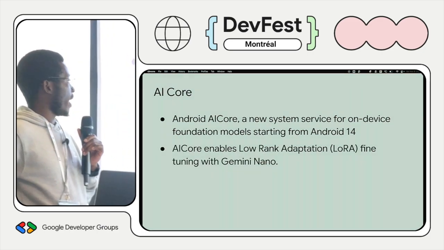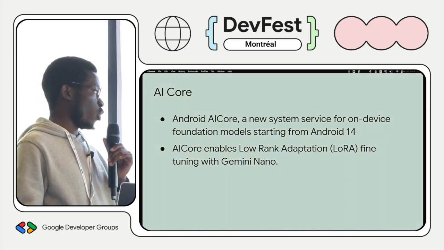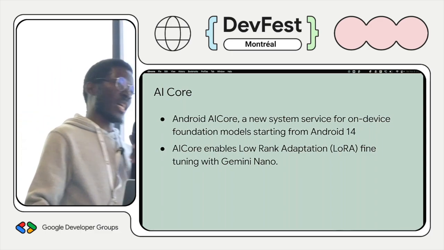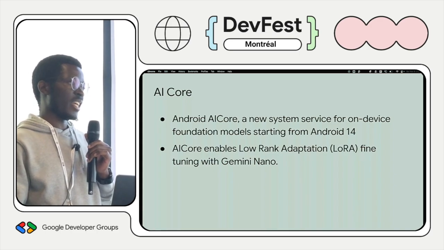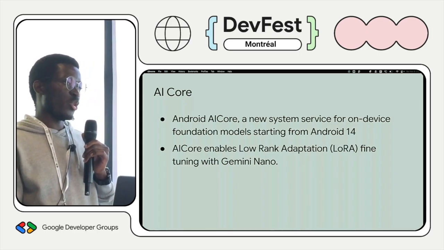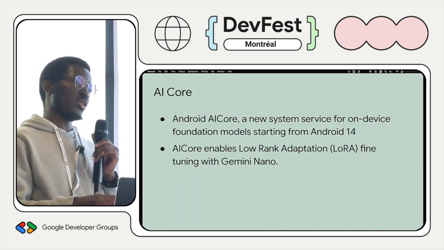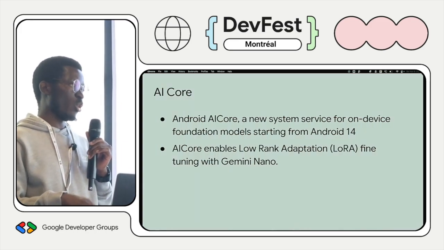Also, AICore enables what we call LoRA, which means low-rank adaptation. It is basically a tool that Google provides that allows you to fine-tune the Gemini Nano model on your device to adapt it to your use case. Depending on what you want to do, you can use LoRA to fine-tune the model, which will be running locally on the device.